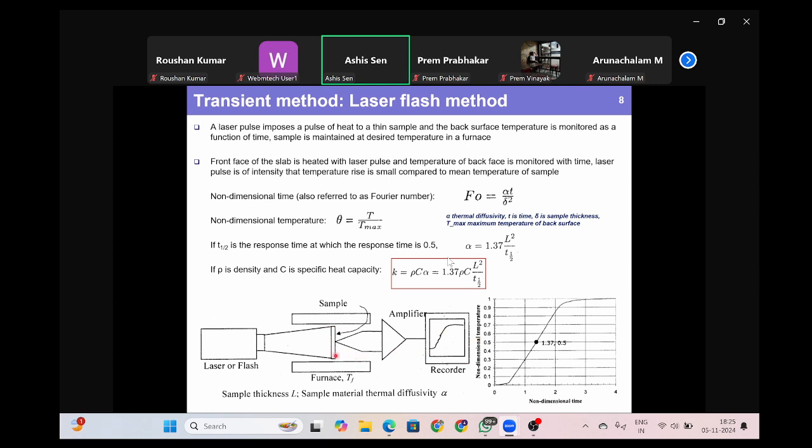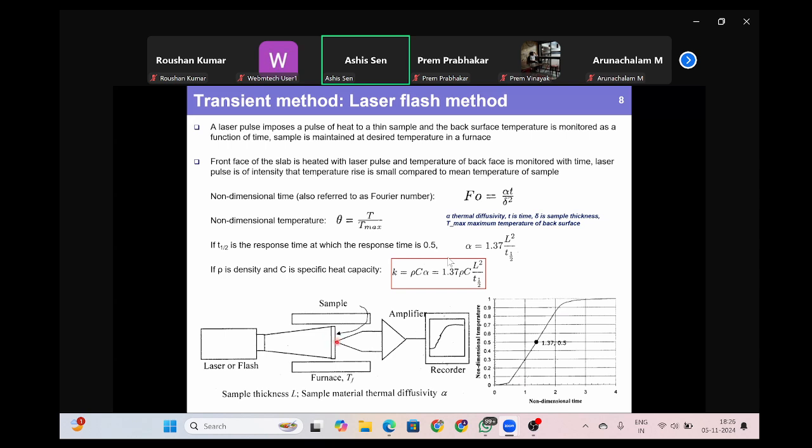So initially it is at some temperature TF. Now the front end of the material is exposed to a beam of laser. This laser or flash instantly applies a pulse of heat onto the front surface.